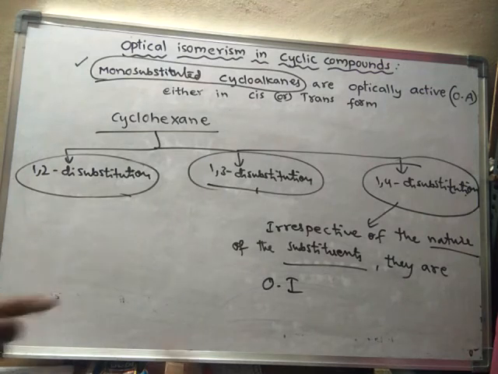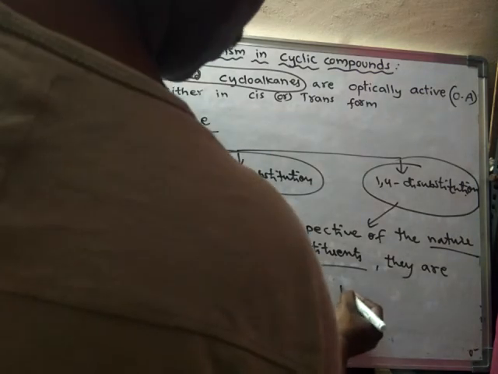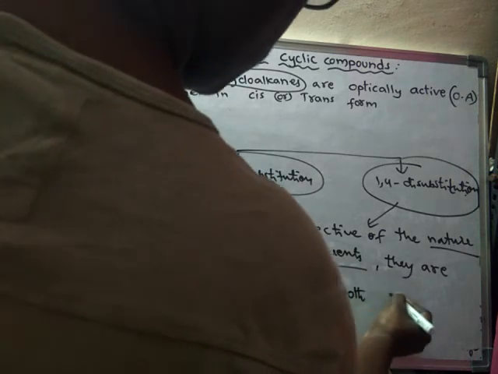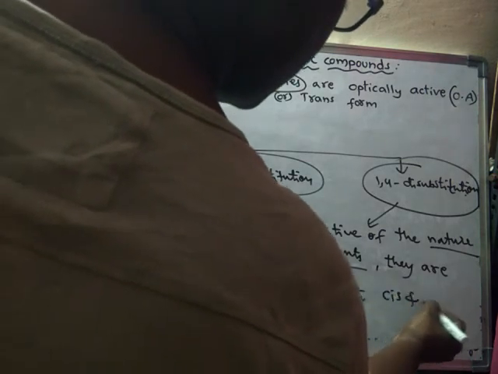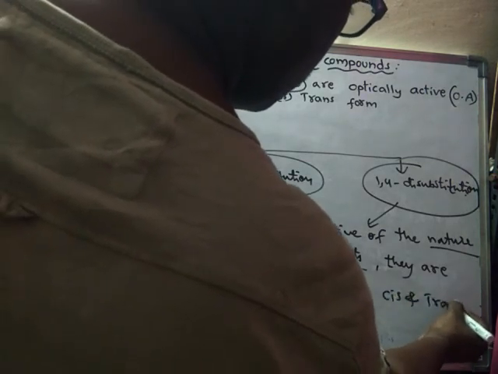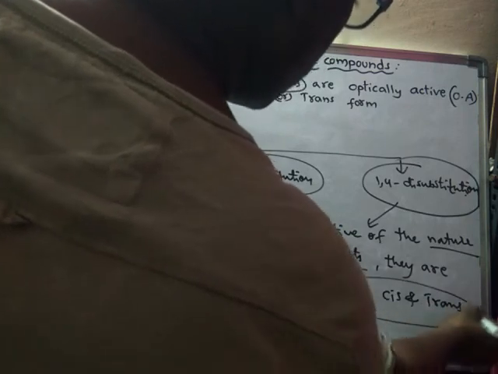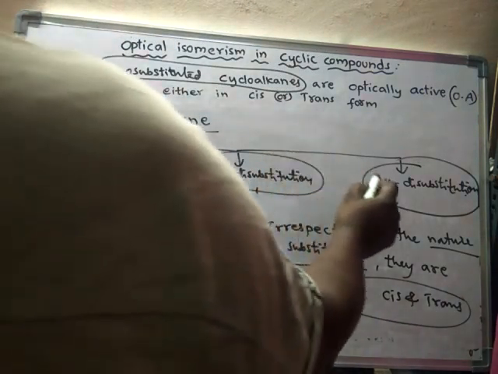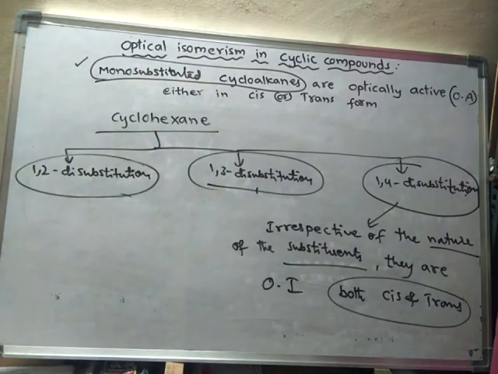Both the cis form and trans form are optically inactive. So 1,4 disubstituted cyclohexane is optically inactive, whether the substituents are of the same type, identical, or different substituents.